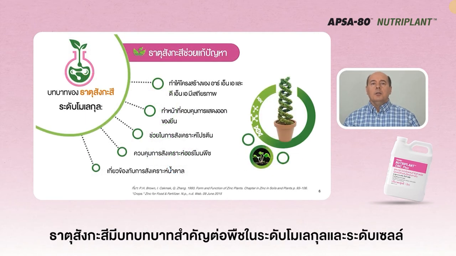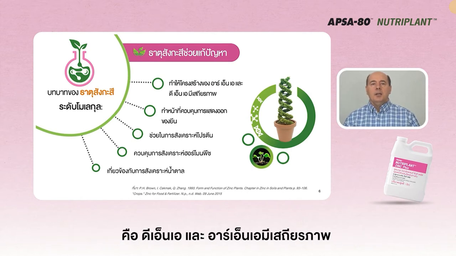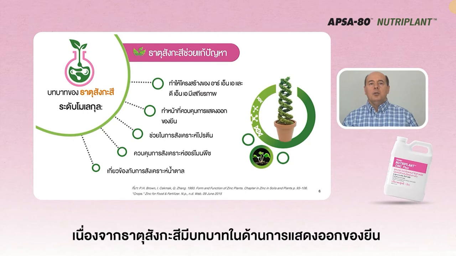We can also look at the importance of zinc at the molecular and cellular levels. Zinc helps to stabilize the plant RNA and DNA structure, which are especially important during the reproductive stages. Zinc also plays an important role in gene expression.